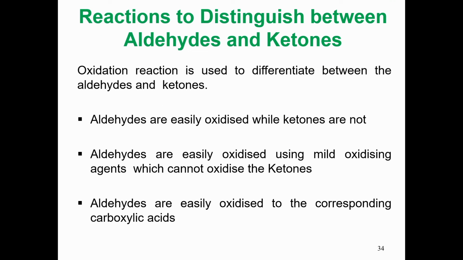Why distinguish between aldehydes and ketones? First, oxidation reactions. Aldehydes are easily oxidized, while ketones are not. An ordinary mild oxidizing agent can oxidize aldehyde, while ketone cannot be oxidized. Aldehydes are easily oxidized to carboxylic acid.